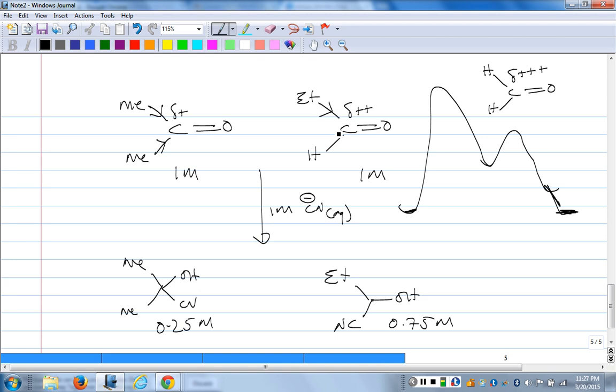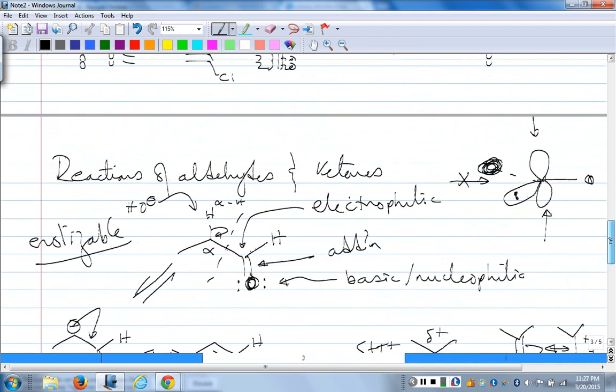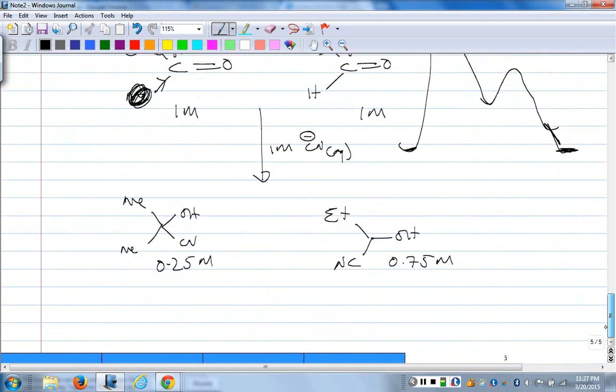So what we say then is ketones are electronically deactivated relative to aldehydes. But I can go one step further. Here I've got two alkyl groups flanking the carbonyl. Here I only have one. So when a carbonyl group is being attacked by a nucleophile, if I only have one group, as in an aldehyde, my nucleophile can actually find a way to navigate so that it kind of hides away from this group somewhat.